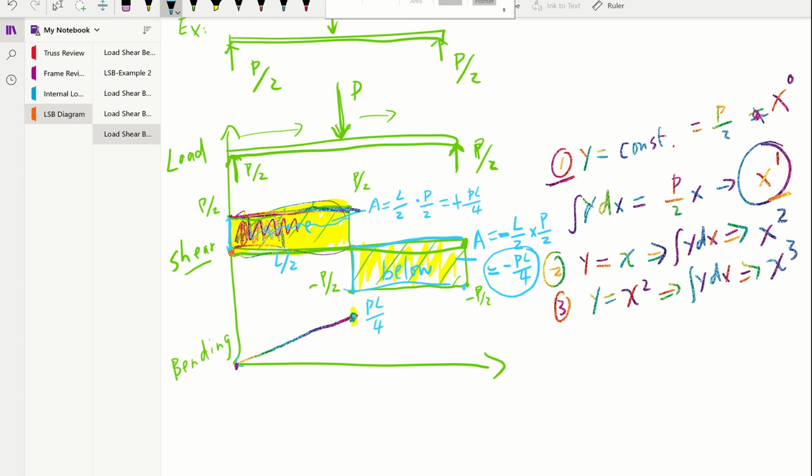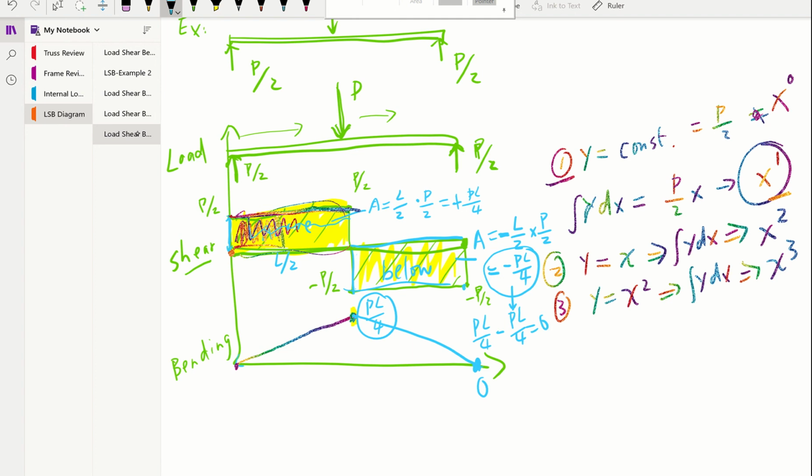So if I start with PL over 4 and I keep adding more negative value along the way until I've added the whole rectangle area of PL over 4, that gives us 0. This point is 0, okay? So how do we get this? It's PL over 4 from this point minus this area, you got it. So that will give us 0.